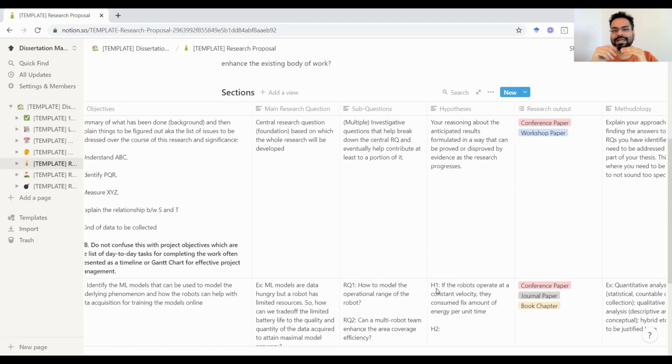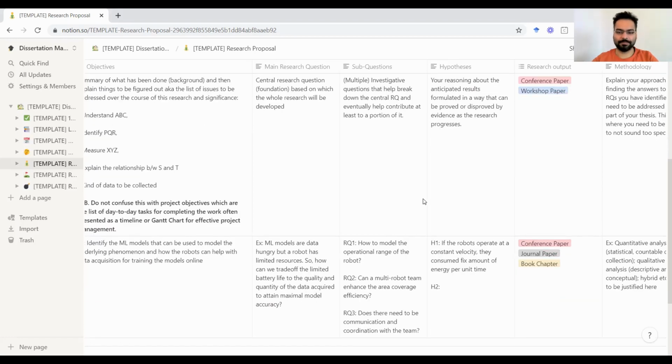So you could think of it like making a circle where everything points towards the central research question, right? So the central research question, as I said, is the foundation of your research. So think of it like that $1 million question that you're going to identify, and then break it down into sub-questions. So I guess that is a bit clearer to you.